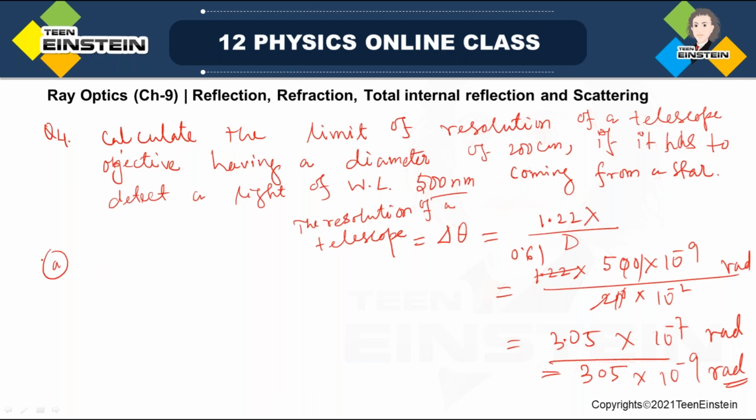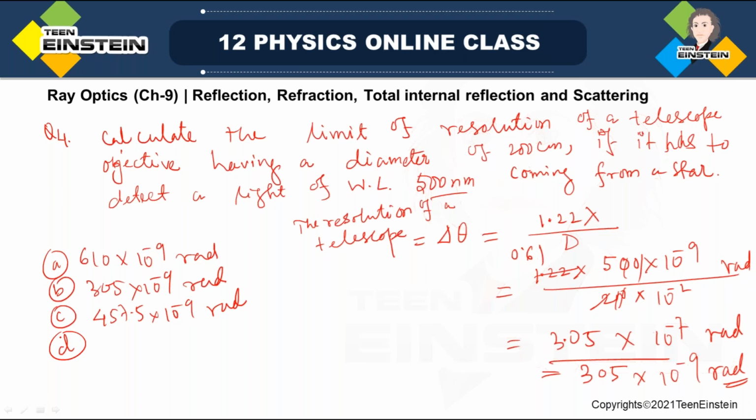And see, the options were: option A, 610 into 10 to the power minus 9 rad; option B, 305 into 10 to the power minus 9 rad; option C, 457.5 into 10 to the power minus 9 rad; and option D, 152.5.